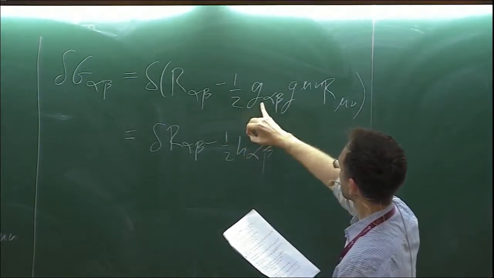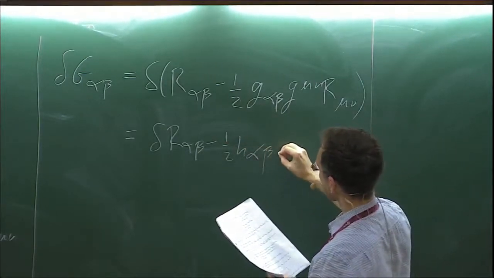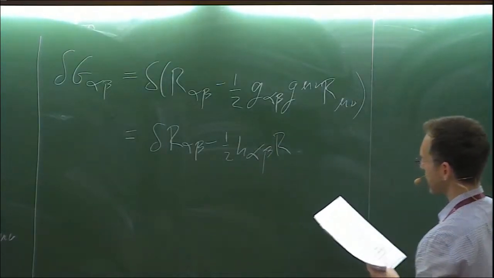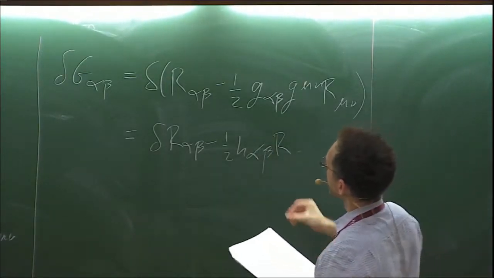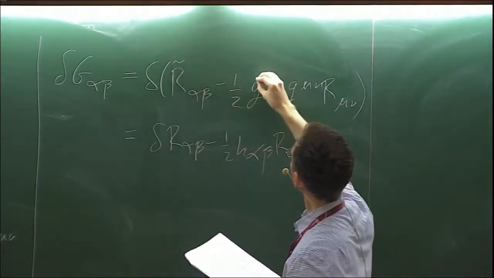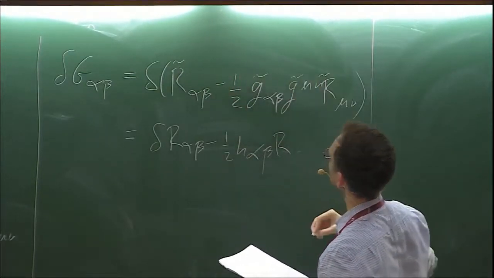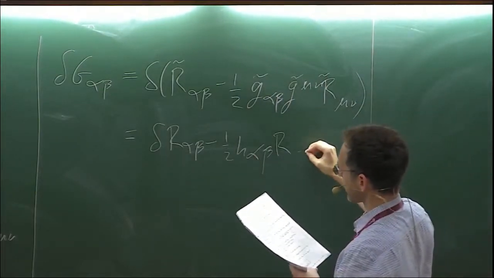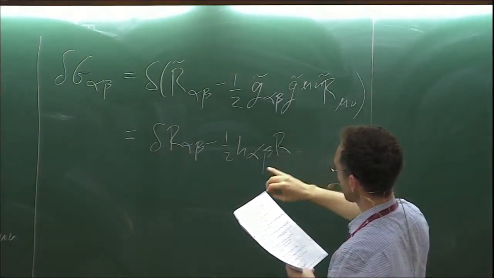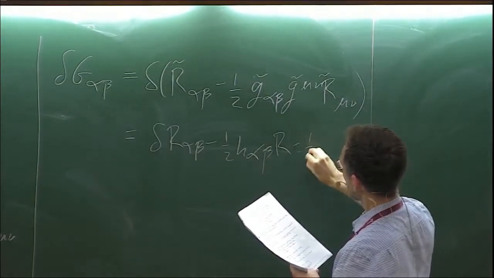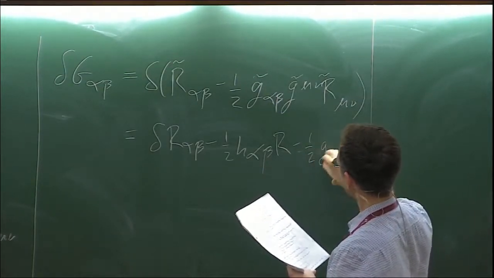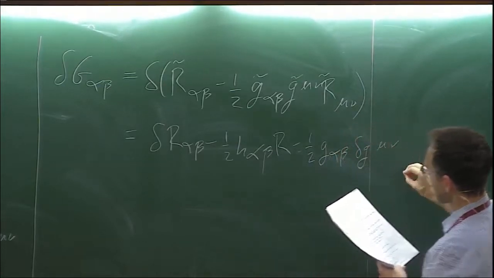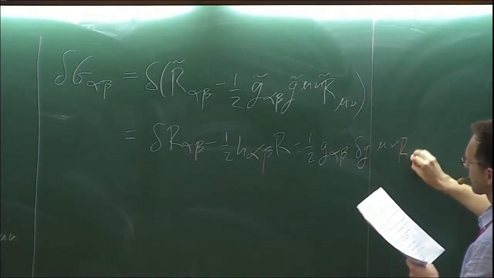So h alpha beta is just the linear piece of G. And now we have a background Ricci term. We could, if you want, put tildes in all these to indicate that we're taking the linearization of the full spacetime. Okay, so then we have these final 2 terms.